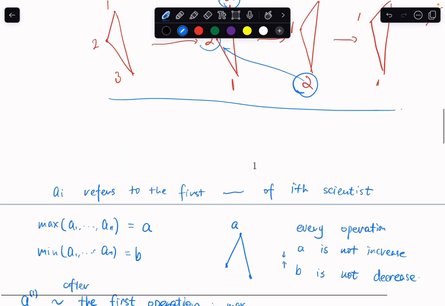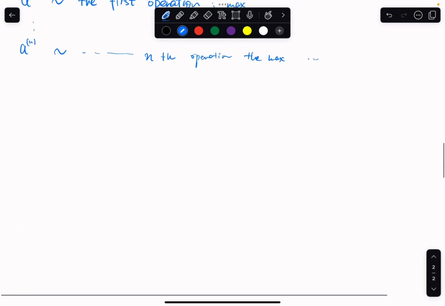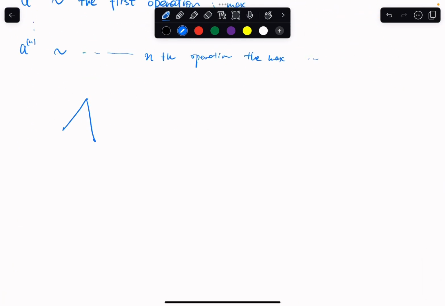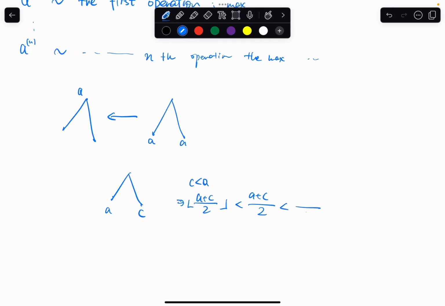So this may be 1, because if there's one like A, then they're all A's. For if it is like A, C, and C is smaller than A, then we have that it is 2A plus C. Well, the integer form actually smaller than A plus C, actually smaller than 2A plus A equals 2A.